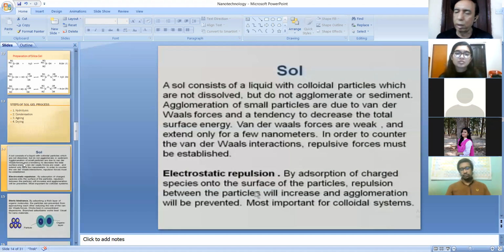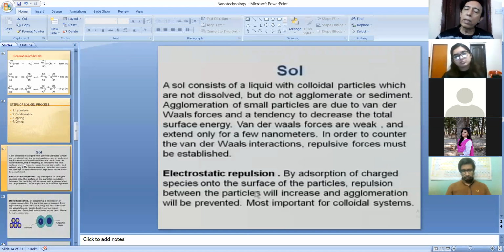There is a liquid, it may be water or any other solvent, and a small colloidal particle that is not dissolved in the liquid, but it will not precipitate also. That colloidal particle is so small and so light that gravitational forces will not act on it, and it will not precipitate or get sedimented.